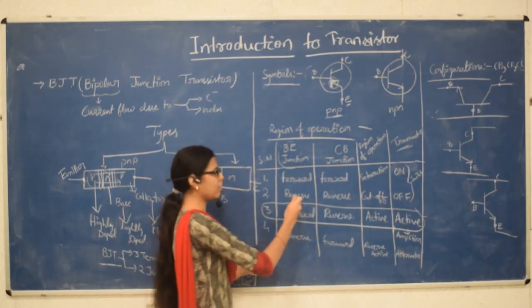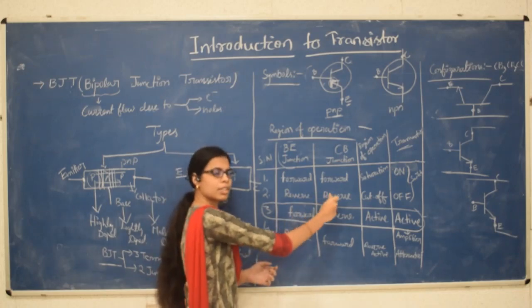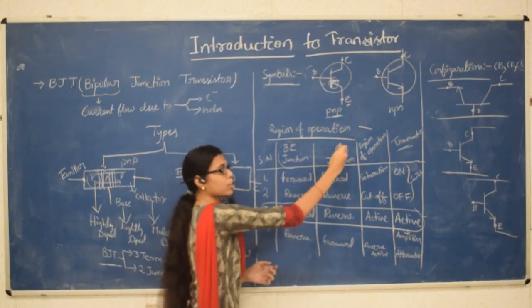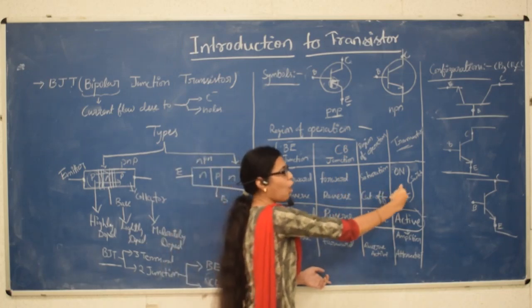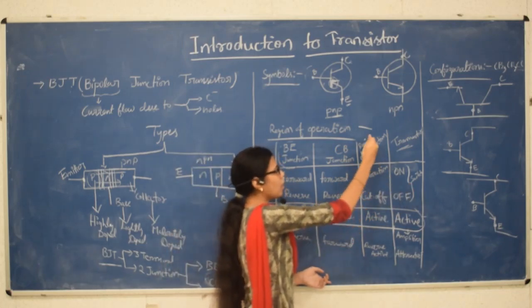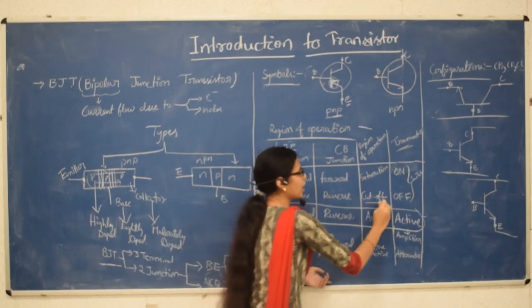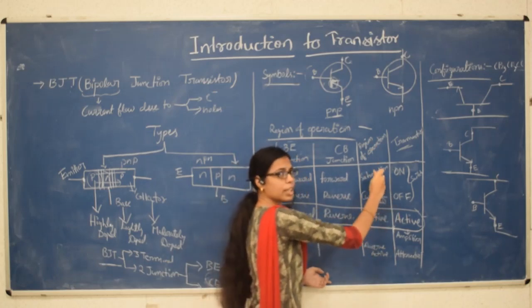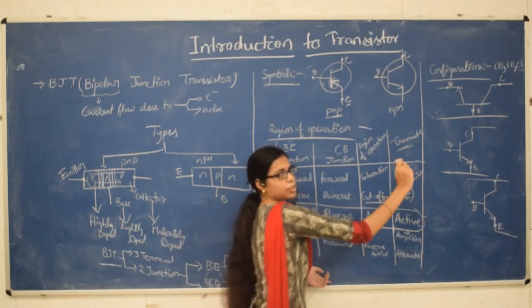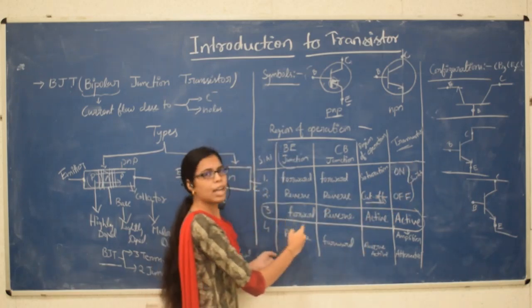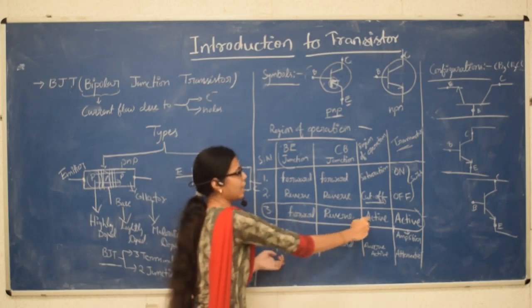In contrast, if I take both the junctions as reverse, if I take the base emitter reverse and also the collector base reverse, then it is going to act as an off switch, and the region of operation is called cutoff. So in these 2 regions the transistor is going to act as a switch. The third and most important region is the active region.